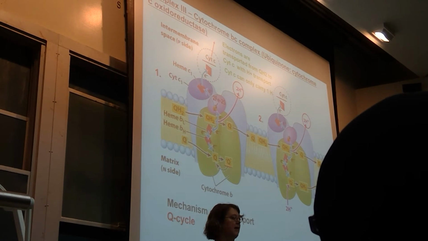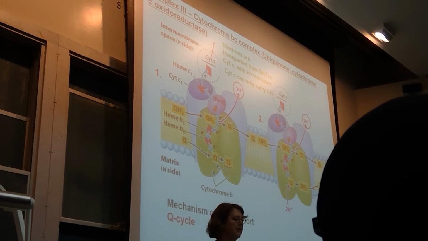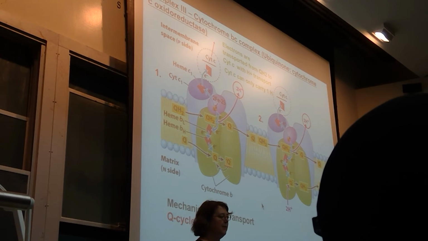So we're going to first be talking about the bottom part of this, and then we'll talk about the top part. For the bottom part, you have one electron, and you're reducing Q to the semiquinone radical, dot Q minus. This is just showing you the second phase, or what happens next within the protein.